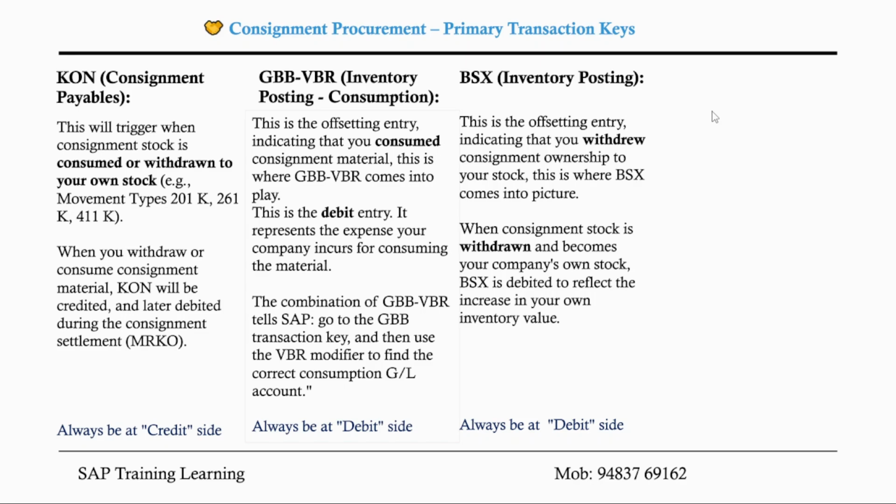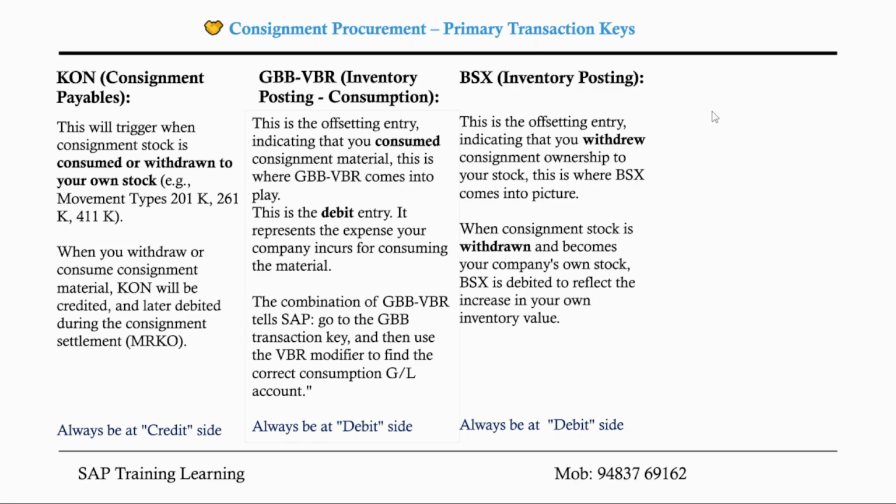Why does it have to be debited? You used the consignment stock. For that, a vendor has to be paid. How much did you use? Let's say $1,000. And during MRKO, that $1,000 should be paid to, I mean settle, the vendor. Clear, right?